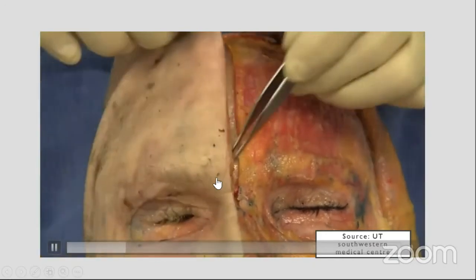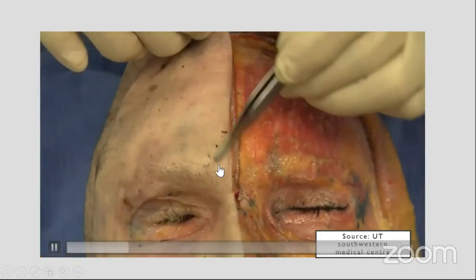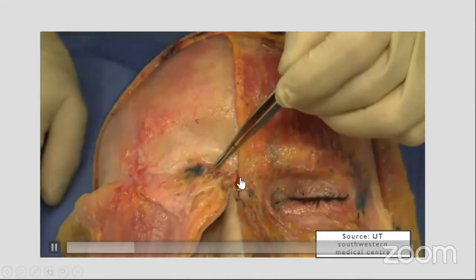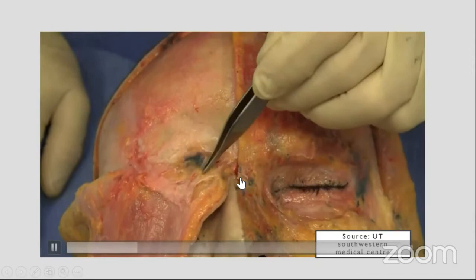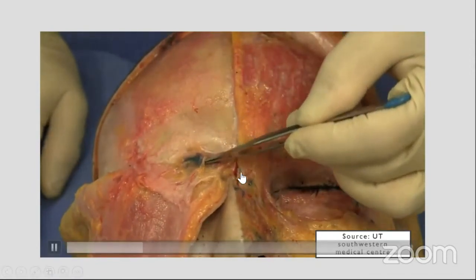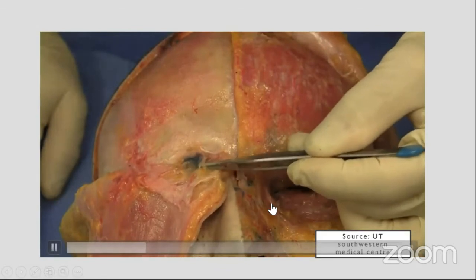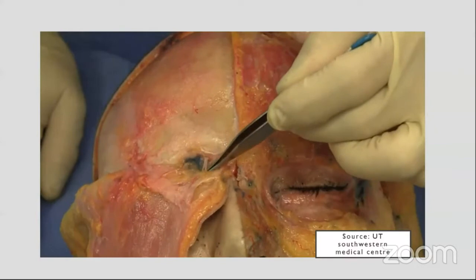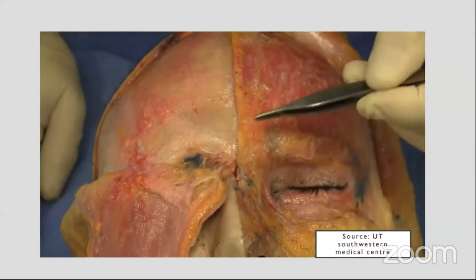And the supratrochlear, mind you, can have many deep branches. So when you are injecting, retrograde flow of fillers from these vessels can even lead to blindness. In multiple reviews, glabellar injections are the most common filler injections leading to blindness. Thus, we need to take note of it.